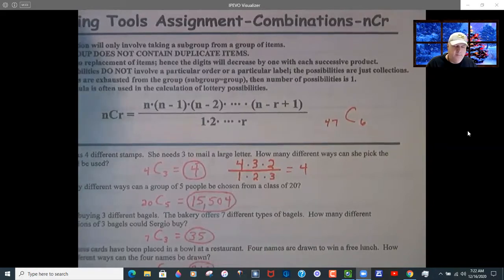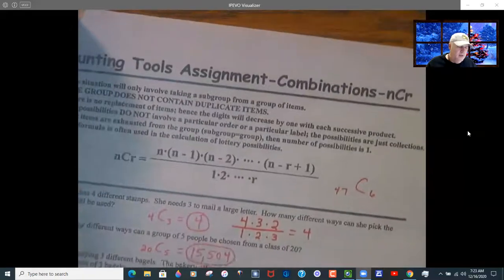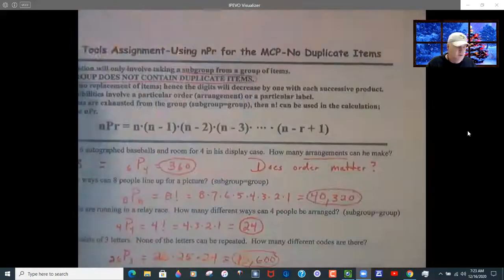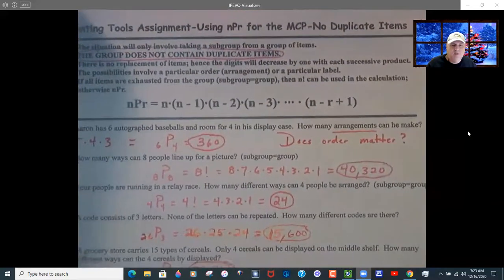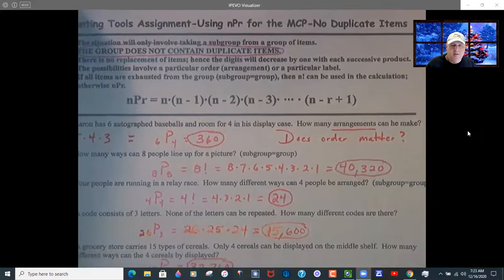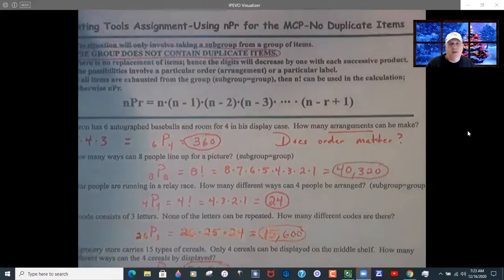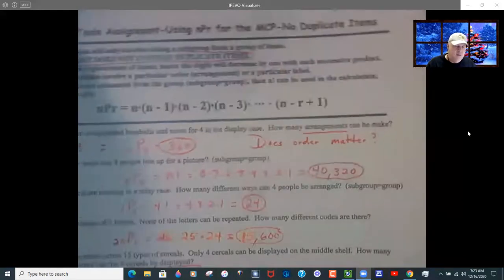So you have a set of 6 or 7 lottery numbers. You didn't have to match the order they came out of the bin in, you just have to match them. So combinations are just the collection of whatever it is, and we're not concerned about order. This would not probably be on the SAT. And then nPr is where you're concerned about the order of things as you're collecting things.